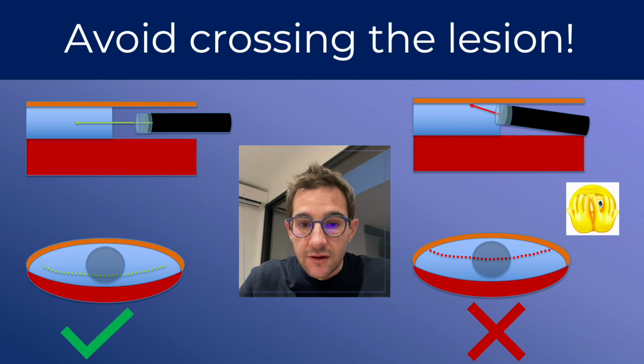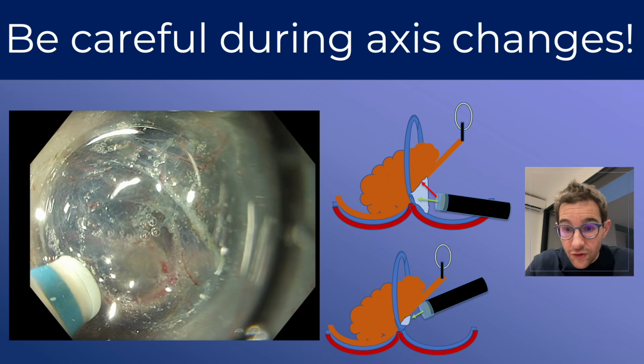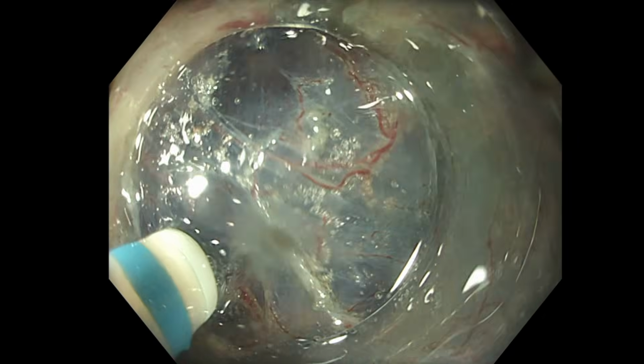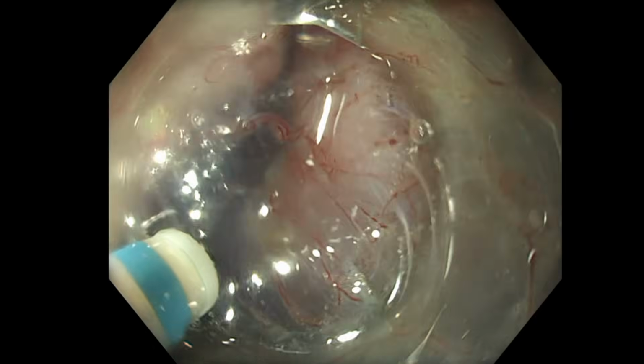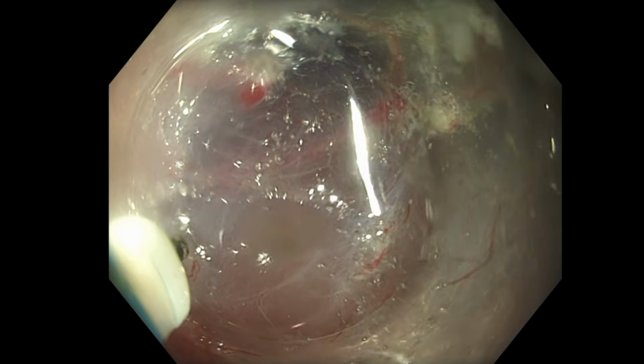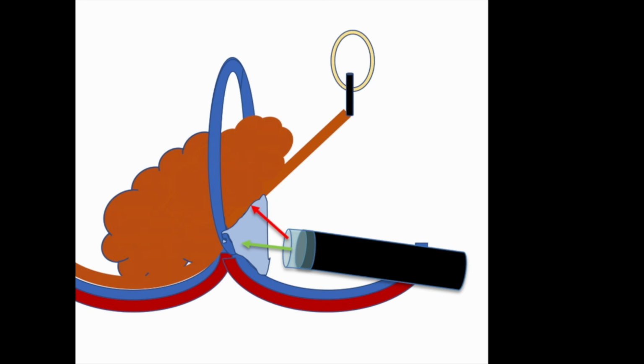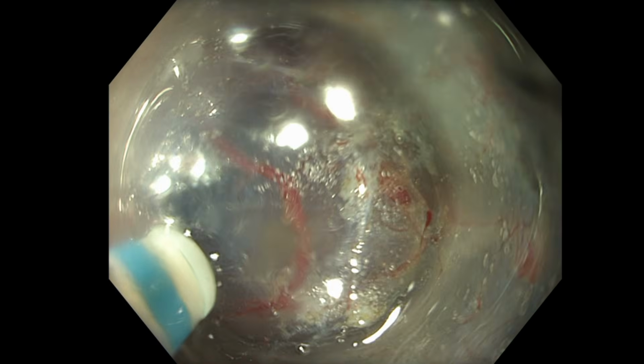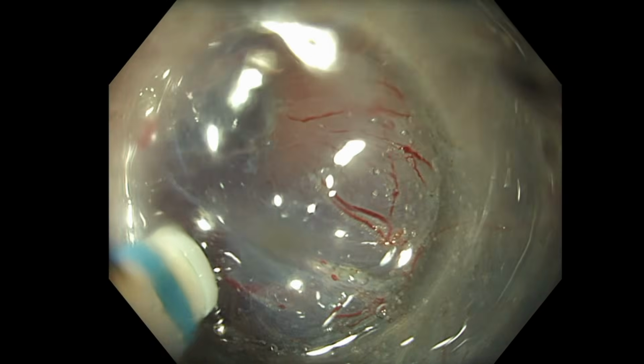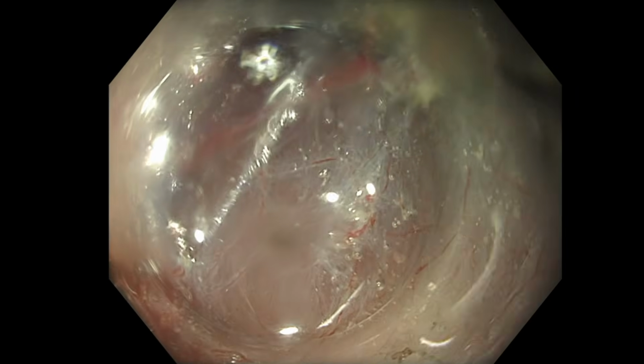Next step, you should also have in mind the axis of the specimen depending on the fold and depending on your traction strategy. For example, on the pylorus, but it's the same on a colon angle, you should be able to detect the pylorus. It will appear soon. Here you see that you should stay close to the muscle in order to really see the pylorus. It's a gastric ESD.